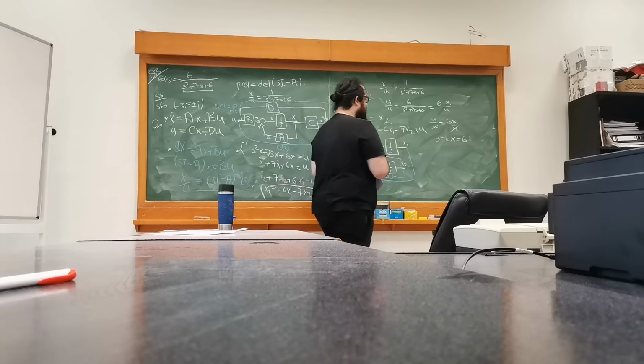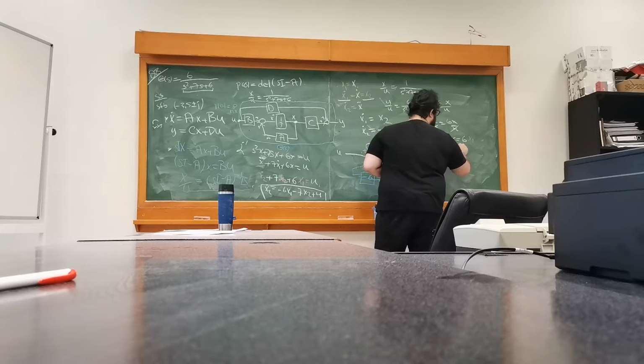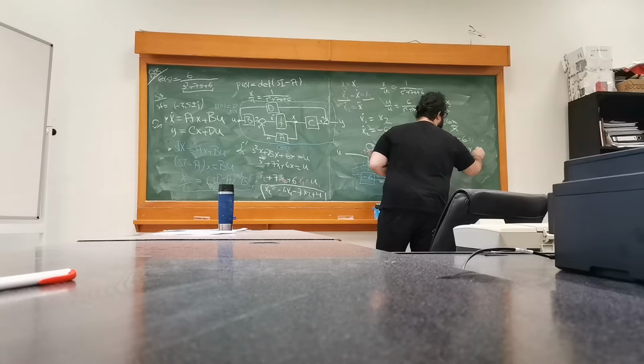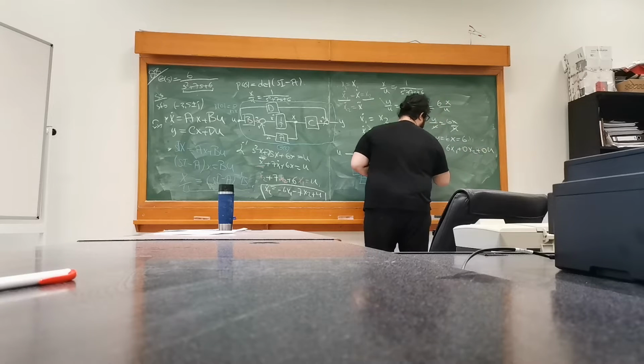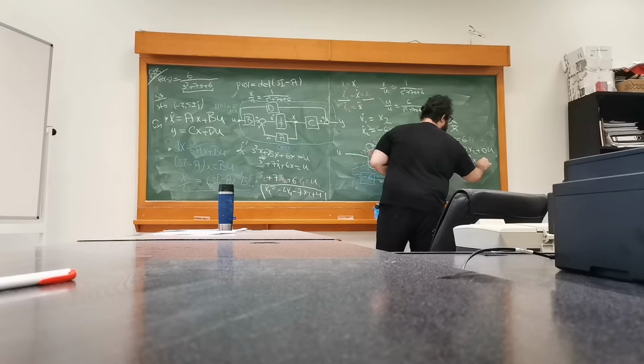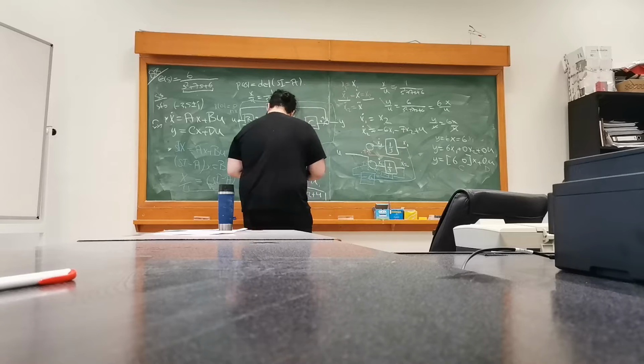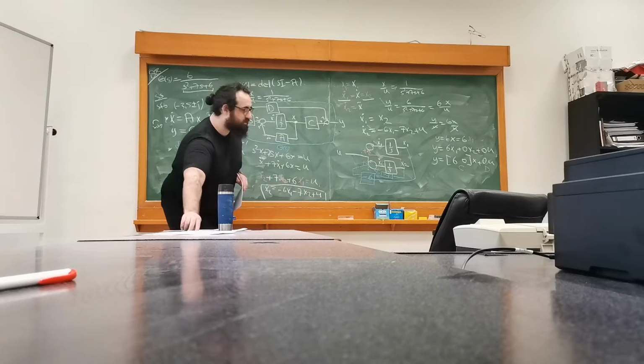In a more general form, I can write it down like 6x1 plus 0x2 plus 0u, or 6, 0 times x plus 0u, which gives me the C matrix, D matrix, and that's it. For this drawing here, I can do the following.